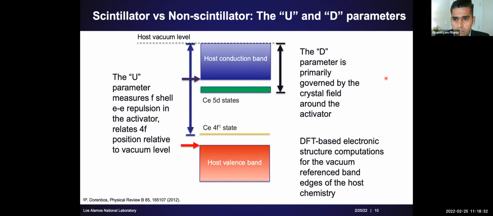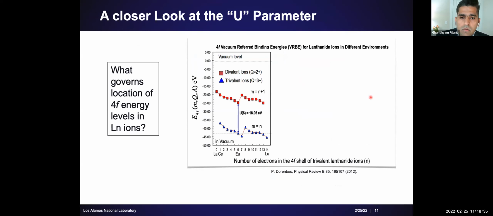So now let's take a closer look at these U and D parameters, what they actually mean and how they allow us to calculate these 4F and 5D levels. Starting with the U parameter, as I said, this is a local property of the 4F shell, and it represents electron-electron repulsion in the 4F shell. So plotted here is the 4F binding energy of lanthanide ions in trivalent and divalent charge states for the entire series of lanthanide ions with respect to the vacuum level.